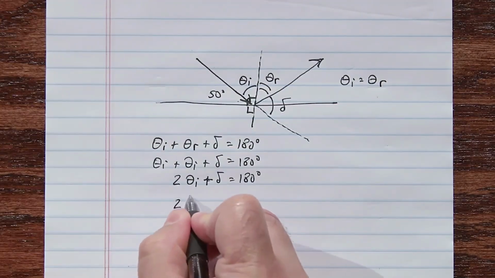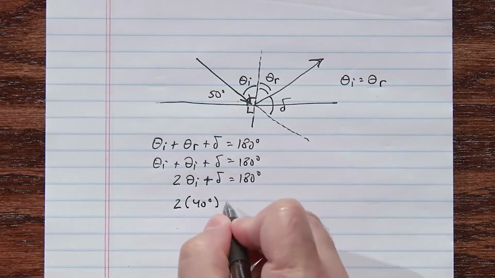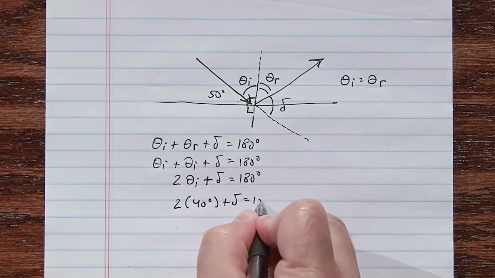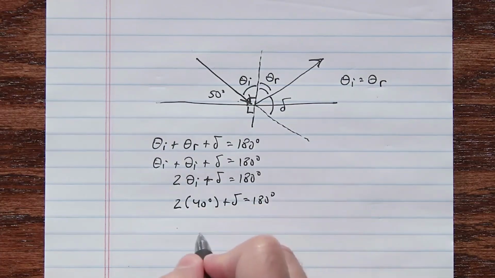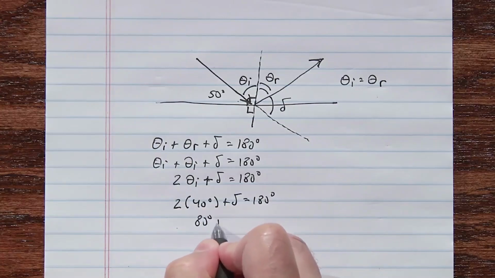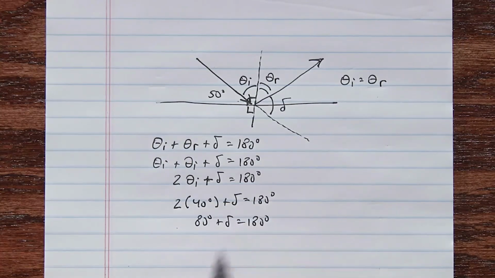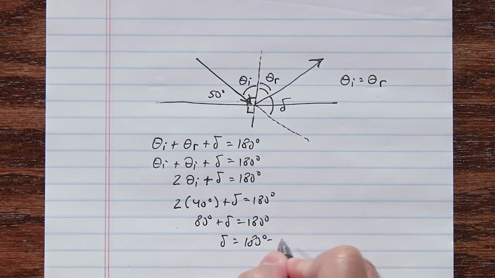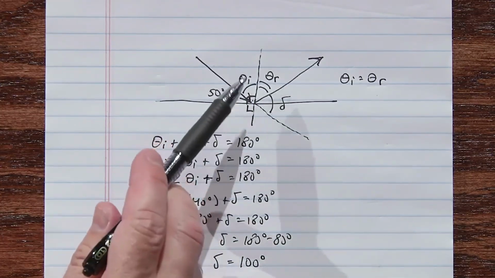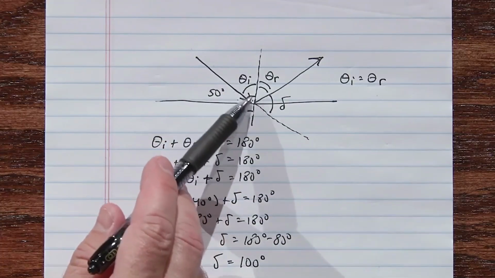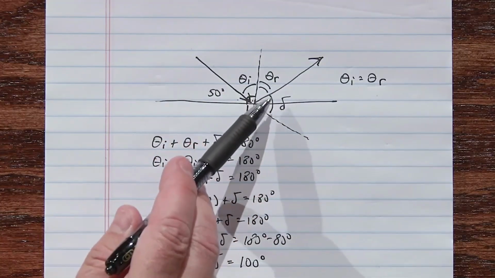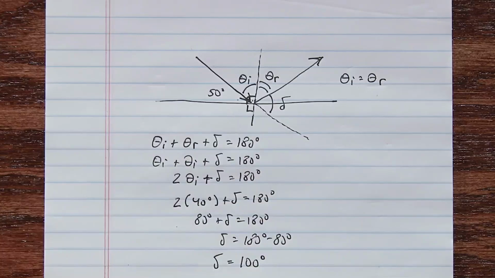So we have 2 times 40 degrees plus delta is equal to 180 degrees, or 80 degrees plus delta is equal to 180 degrees, or delta is 180 degrees minus 80 degrees, and so finally delta is equal to 100 degrees. So the light is deflected from its initial path by 100 degrees.